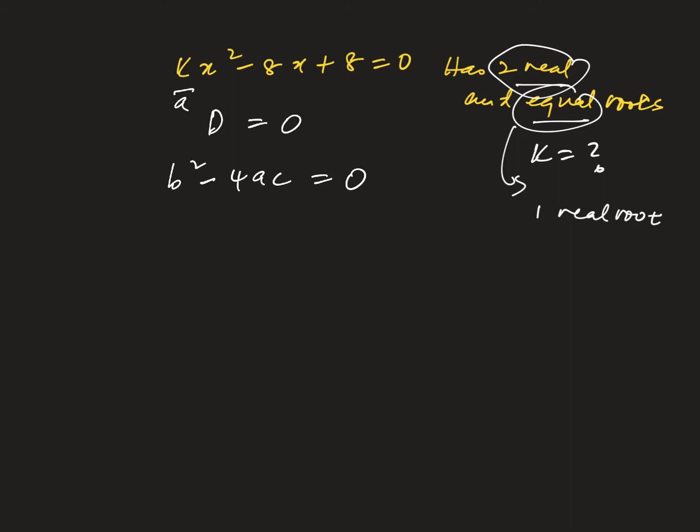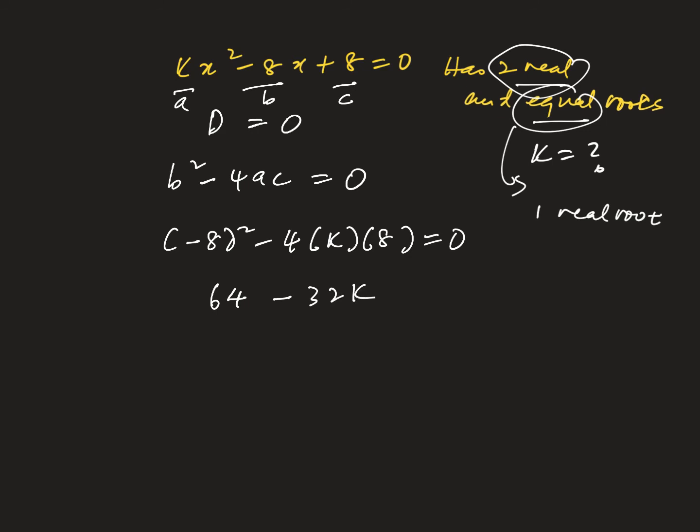Here b is negative 8, c is 8, so we have negative 8 squared minus 4 times k times 8 equal to 0. So 64 minus 32k is equal to 0, so 32k is equal to 64 and k is equal to 2.